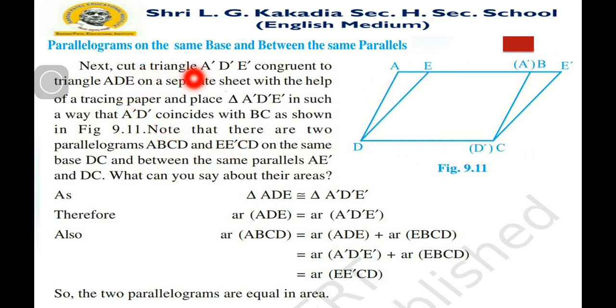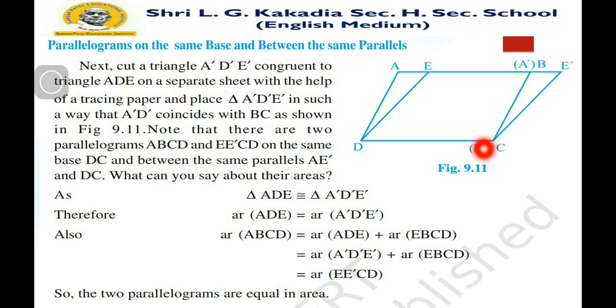Next, cut a triangle A dash D dash E dash congruent to triangle ADE on a separate sheet with the help of tracing paper, and place triangle A dash D dash E dash.